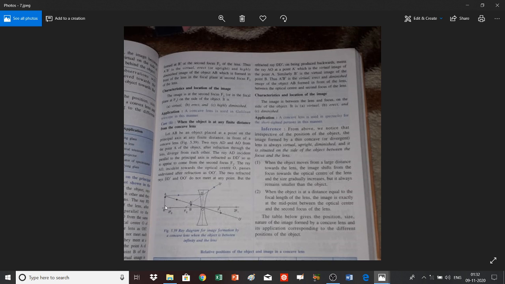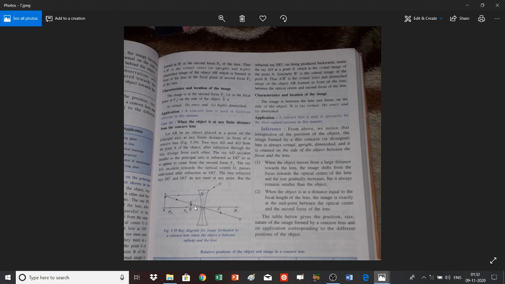It is very easily noticeable from this that the size of the image is smaller compared to that of the object, so magnification has not occurred in this case.